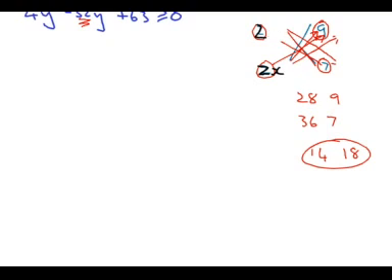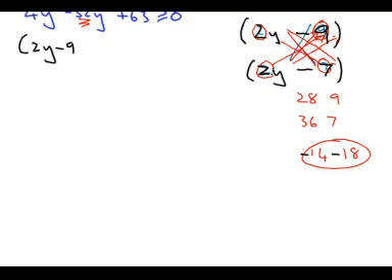Sorry, it's not x, it's y. And now we just need to sort out the signs. We are looking for a minus 32, so we are looking for minus 14, minus 18. So both of them will be minuses. So we have 2y minus 9, 2y minus 7 bigger and equal to 0.